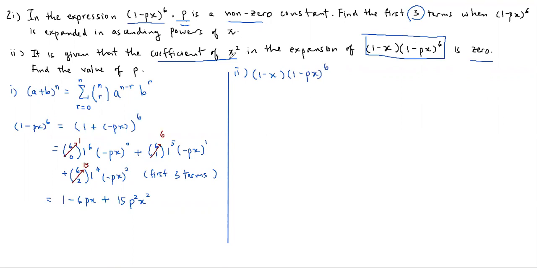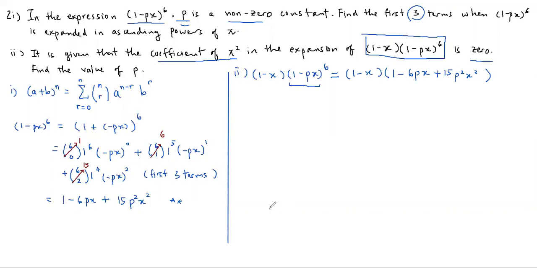We only concern ourselves with the x squared term and don't bother about the rest. 1 minus px to the 6 was expanded in the first part, so you replace it by whatever you have in part 1. That gives you 1 minus x, times 1 minus 6px plus 15 p squared x squared.